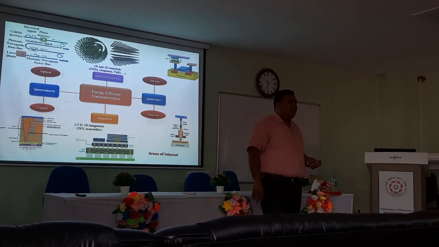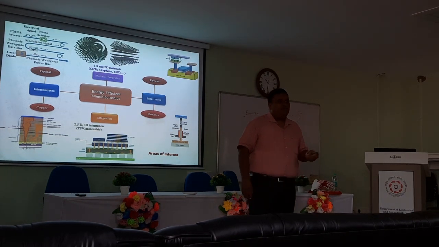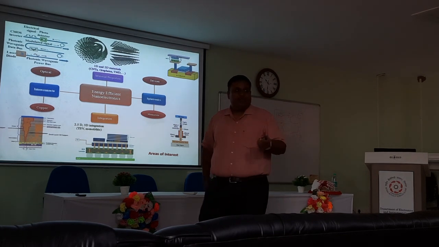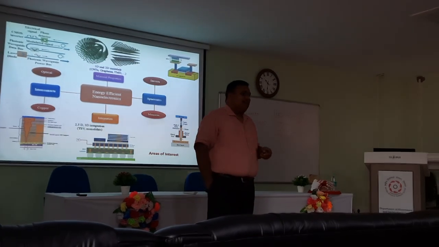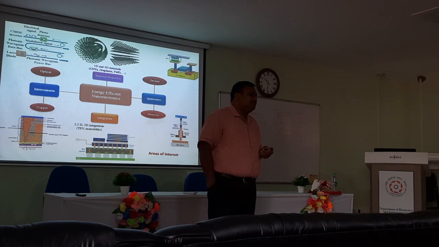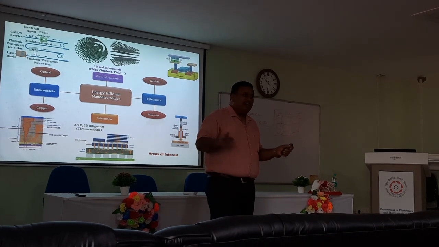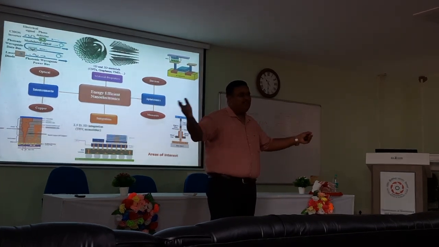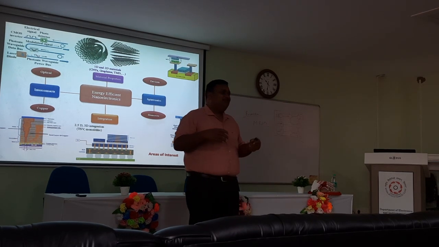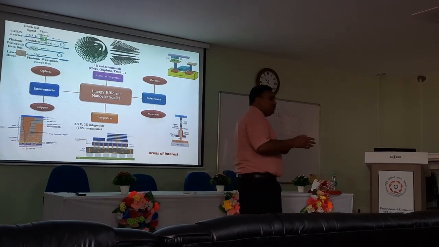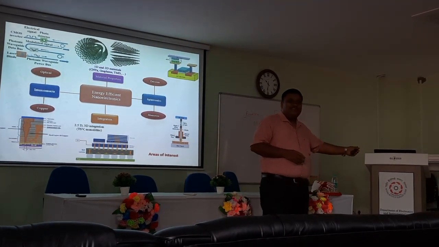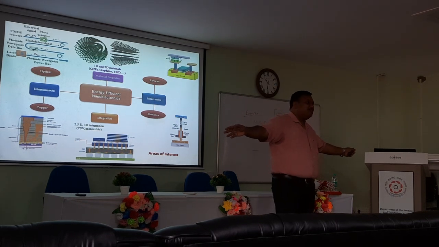This is a simple thing that we observe. The resistance of a ferromagnetic or magnetic material will change as you change the magnetic field. And both of them conducted these experiments separately. It's not that Albert Fert and Peter Grunberg were working together. One was in France and the other person was in Germany.